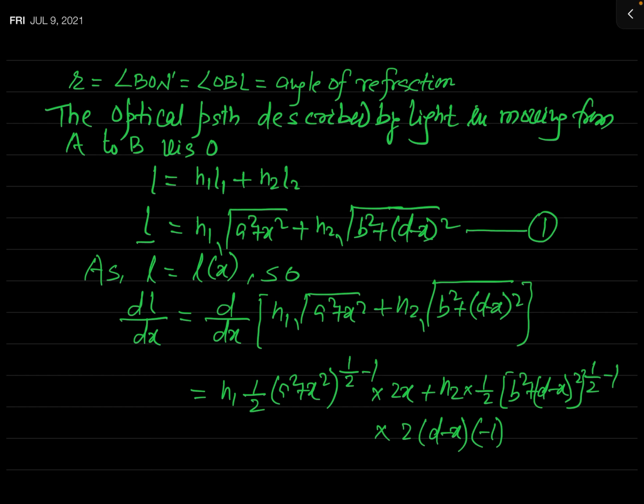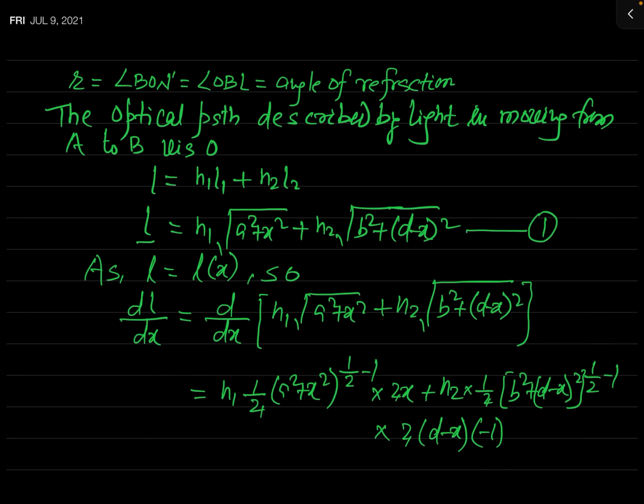Now you can see this 2 and this 2 will cancel out. Similarly, this 2 and this 2 will also cancel out. So after simplification, you can see what this dL/dx will be.